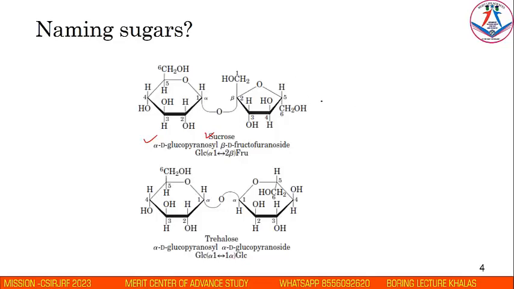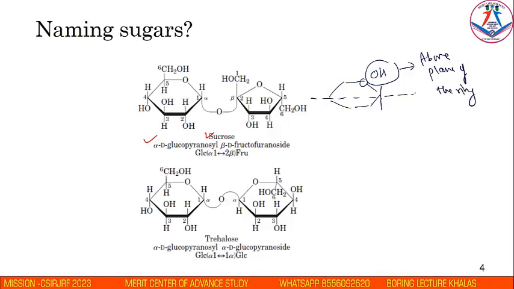Right. So alpha and beta, if you are writing the sugar like this, depends on the position of the OH group. This is the sugar, this is the oxygen. If the OH is above the plane of the ring, you write it as beta.